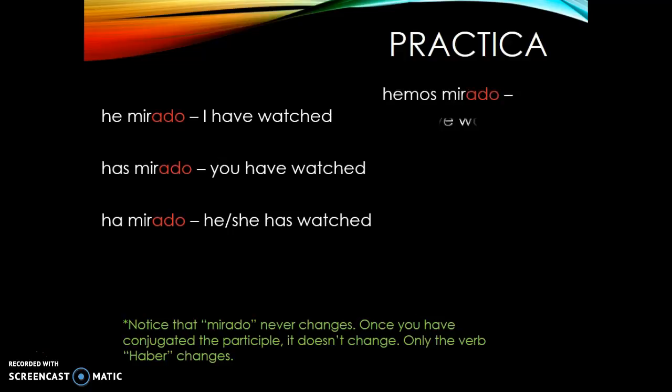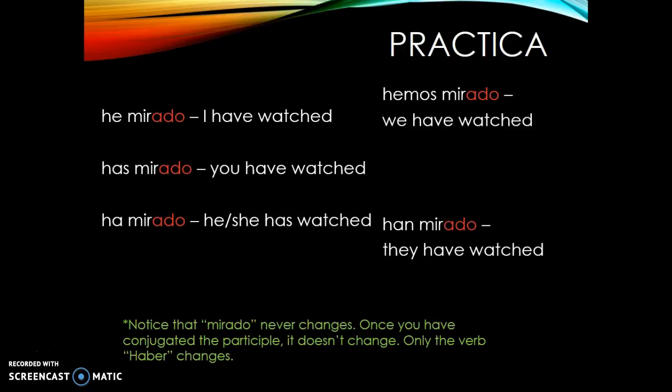Hemos mirado. And han mirado. I have watched, you have watched, he or she has watched, we have watched, and they have watched. Again, just like the other verb we just did, notice how mirado never changes, right? It's the same all the way through. The only thing that changes is has, ha, hemos, han.